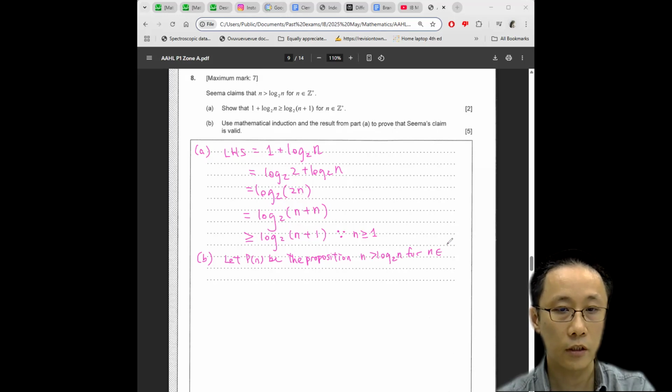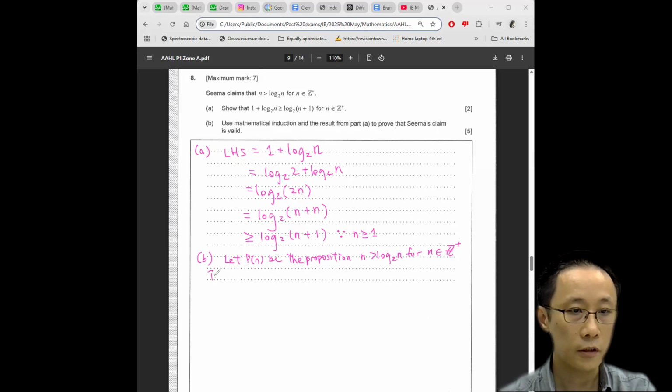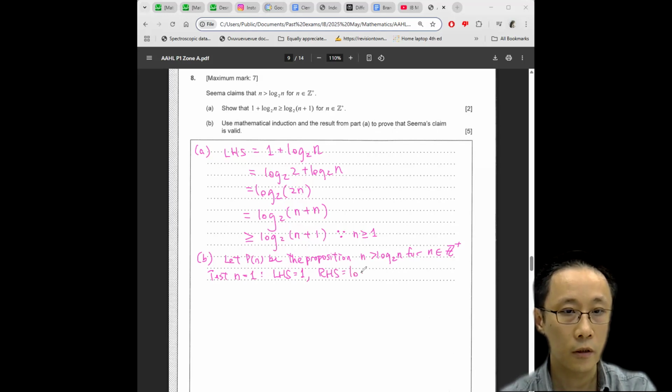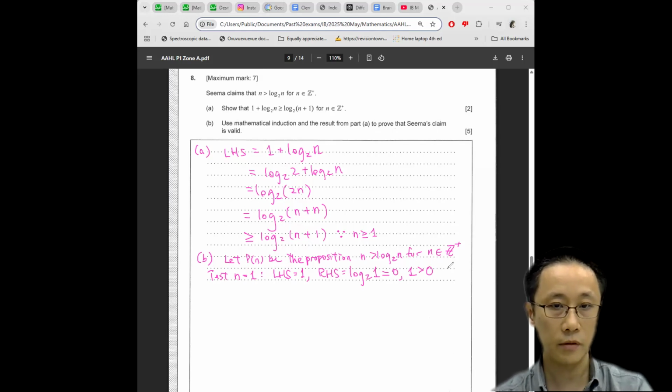So lots of writing, but you can't skip this. So test n equals 1. The left-hand side is 1. And then the right-hand side is 0. 1 is bigger than, actually strictly bigger than 0. Therefore, P1 is true.